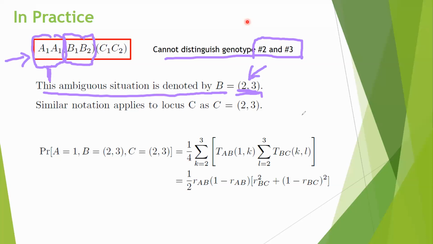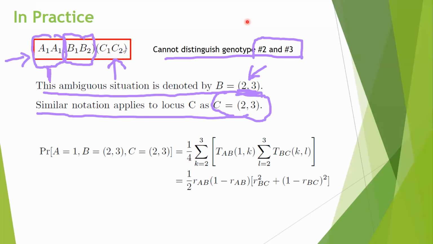It could be 2 or 3. The same for the locus C, because C is heterozygous. We don't know if this genotype is from the second state or the third state. So we just use this to represent the genotype for locus C.